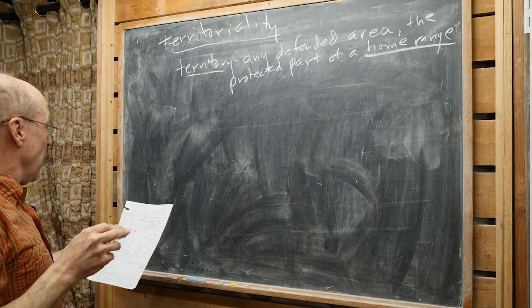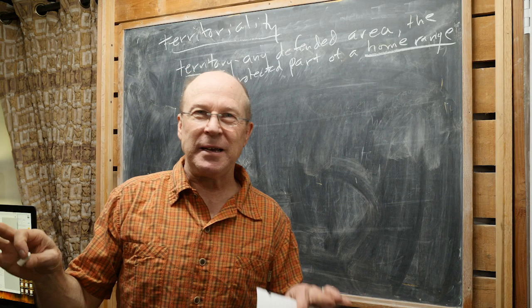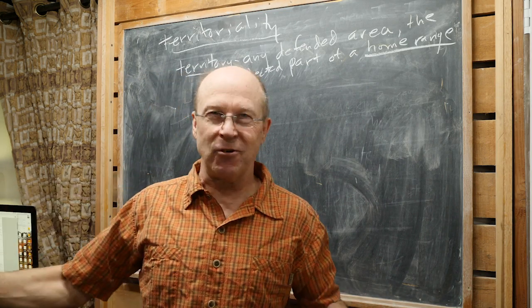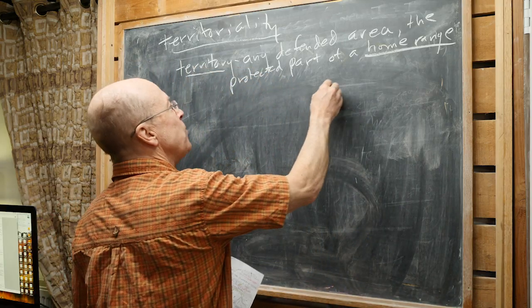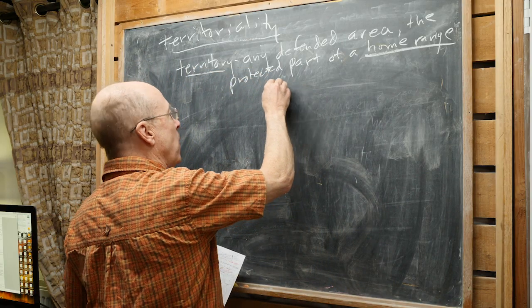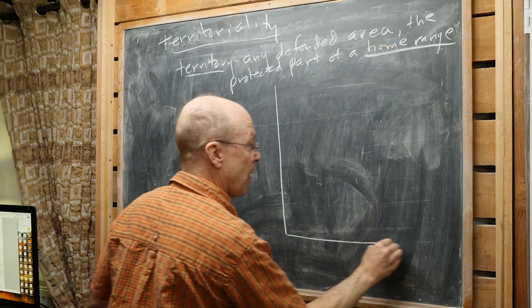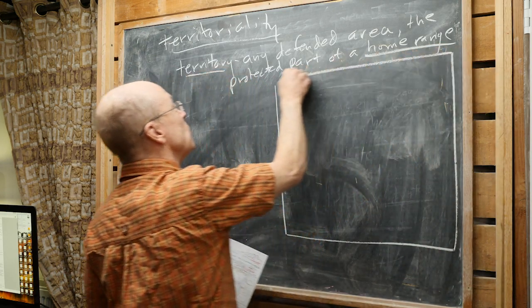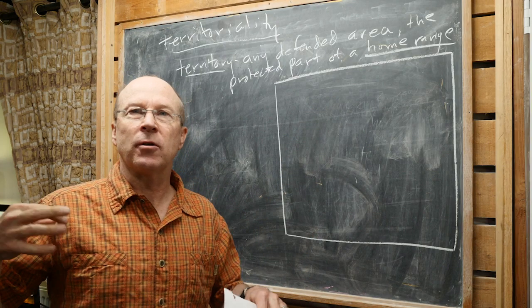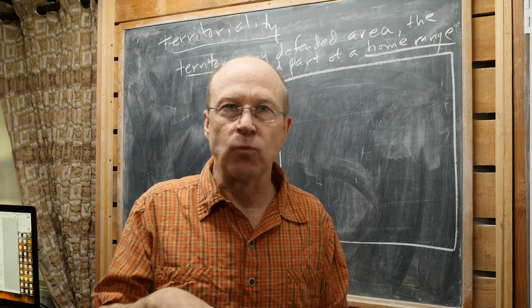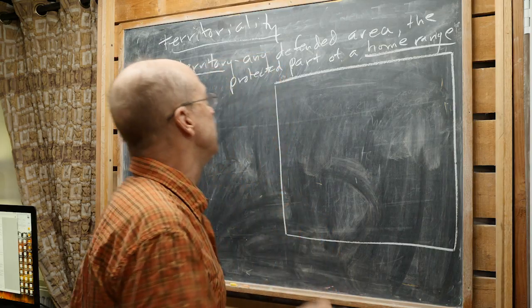I think what we'll do is construct a basic map of what territoriality might look like, and then toss around a few examples. Let's do a map where we consider an animal that has very localized reproductive space, a nest.